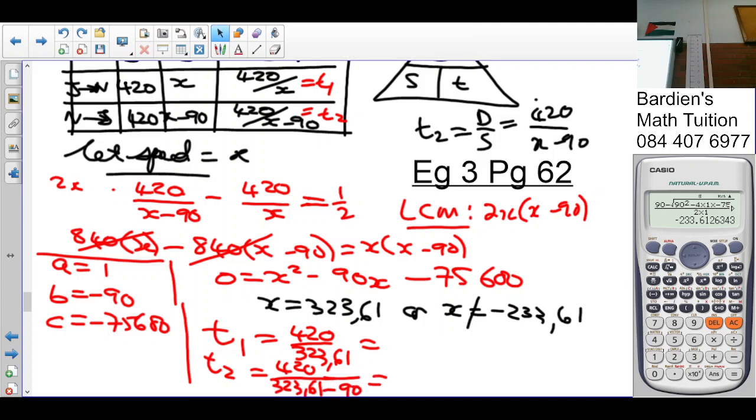Put that in the calculator, so it's 420 divided by 323,61 gives you an answer of 1,29 hours. Now if you want to write that in terms of hours and minutes, I subtract the 1 hour.